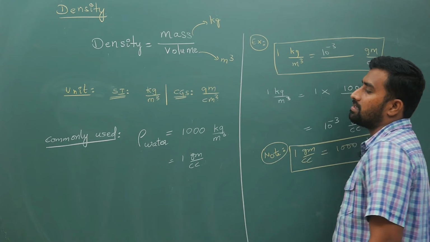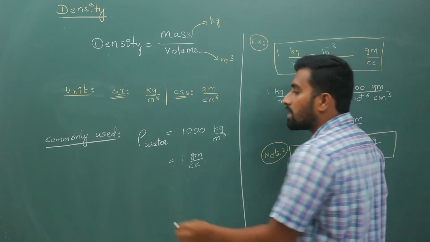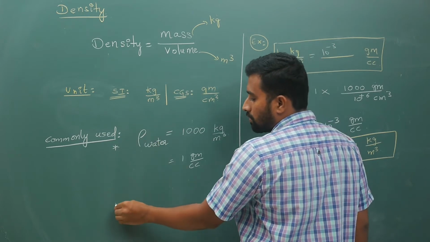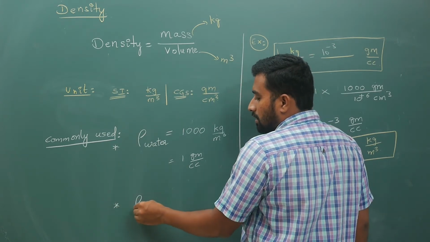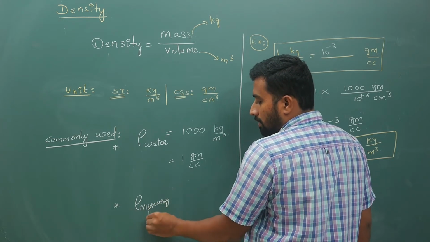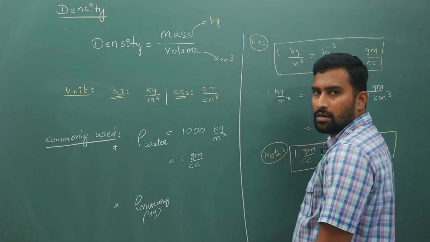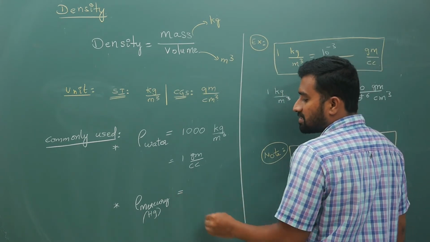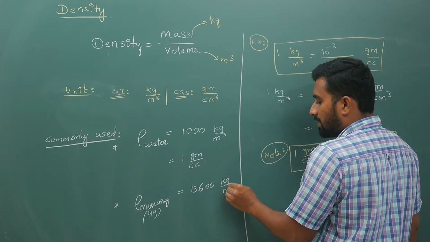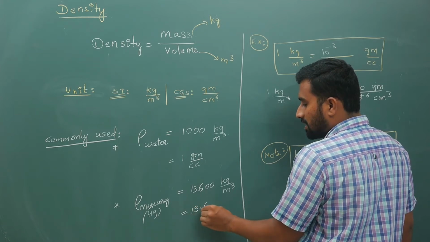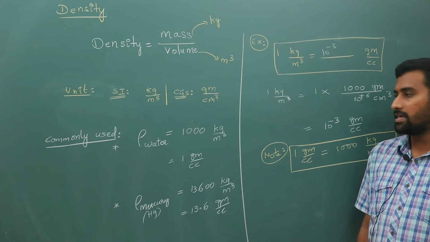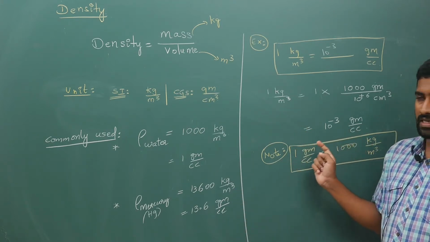Next, one more thing you are supposed to remember is the density of mercury. In some books this will be D, I am using the word rho, that is my habit. Your rho of Hg, mercury, is 13,600 kg per meter cube or 13.6 gram per cc, because 1 kg per meter cube is 10 power minus 3 gram per cc.